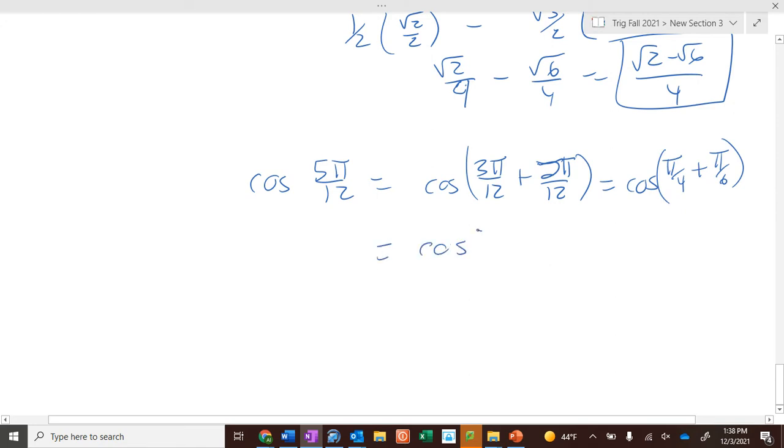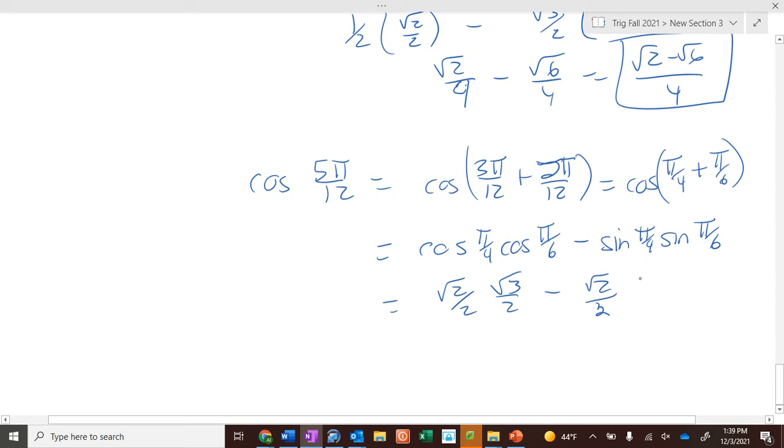So it's cosine of pi over 4, cosine of pi over 6, minus sine of pi over 4, sine of pi over 6, which is square root of 2 over 2 times square root of 3 over 2 minus square root of 2 over 2 times 1/2. So it's the square root of 6 over 4 minus the square root of 2 over 4, which equals the square root of 6 minus the square root of 2 all over 4.